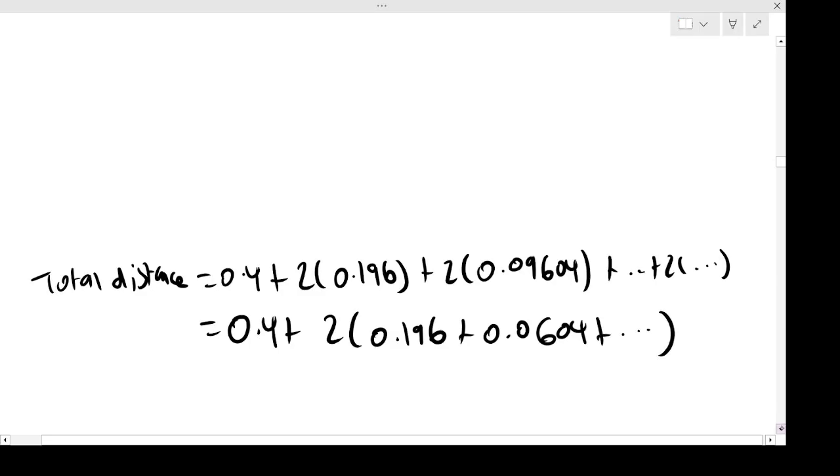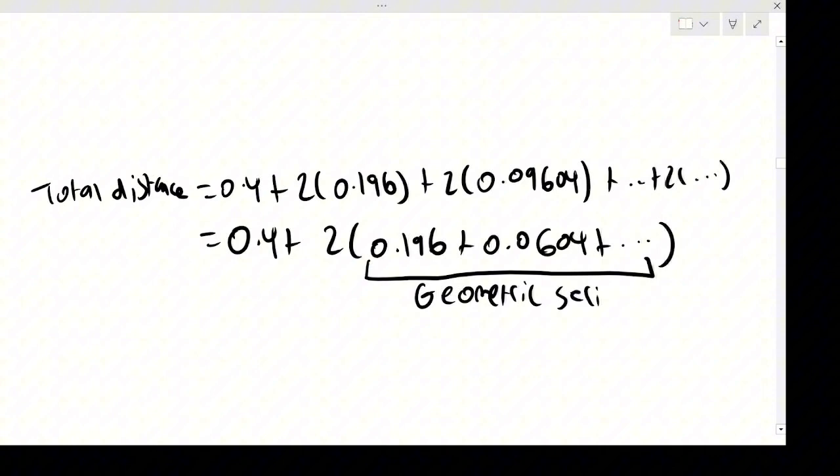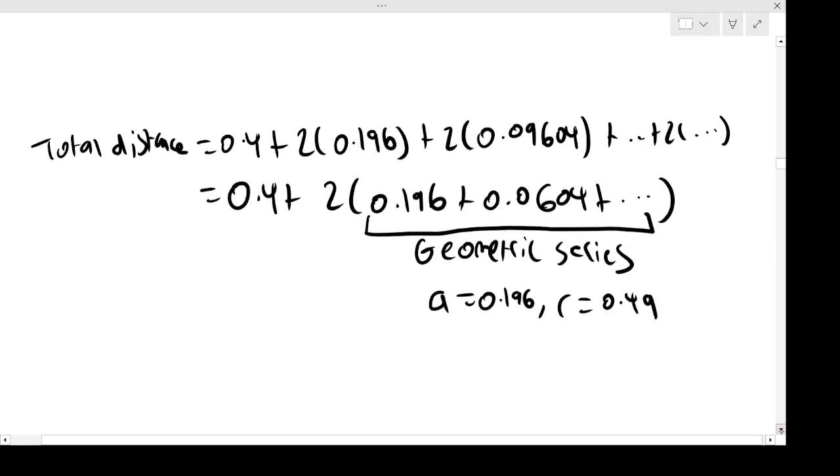And so this is going to be a geometric series, sorry. So in this series, A is going to be 0.196 and R is going to be 0.49. That's my multiplier. So it's going to be 0.4 add.